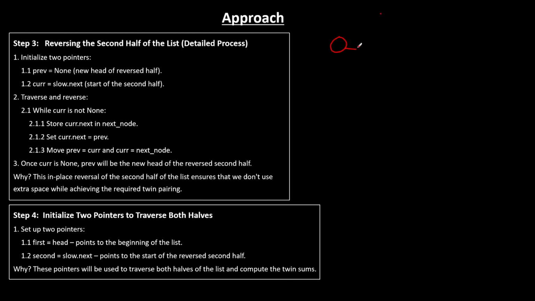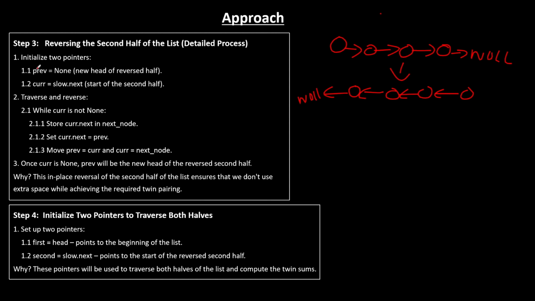Suppose this is a linked list. So this points to null. And when we reverse it, this points to null here. Then 1, 2, 3, 4 becomes 4, 3, 2, 1. Fine. So this is the output, right? From here to here, how do we do it?